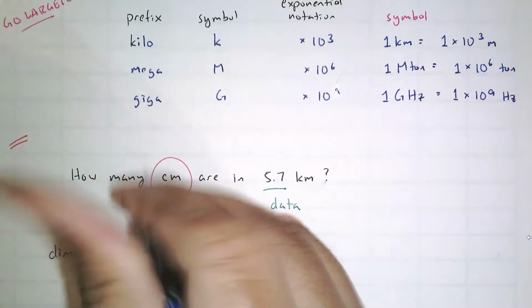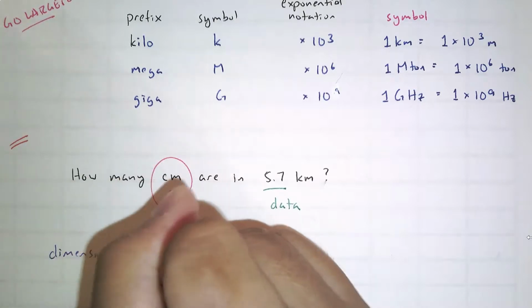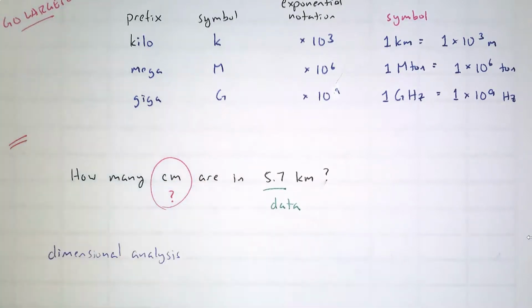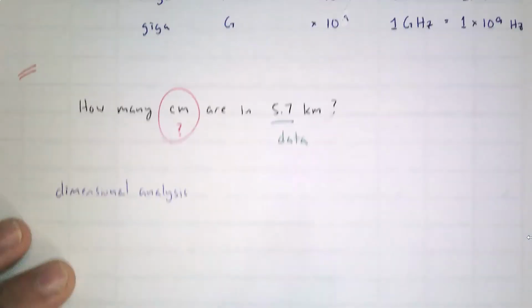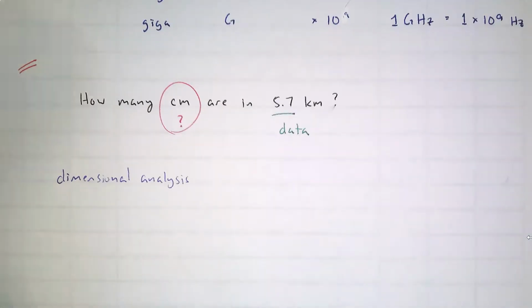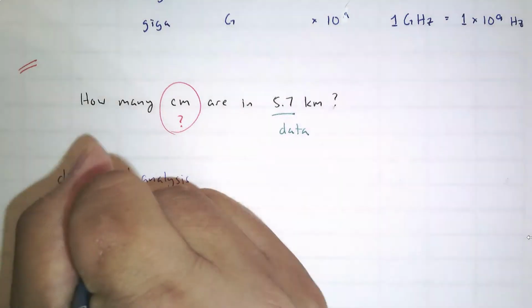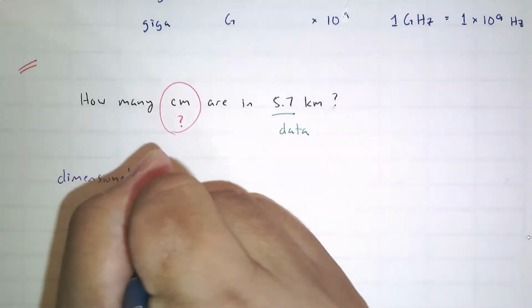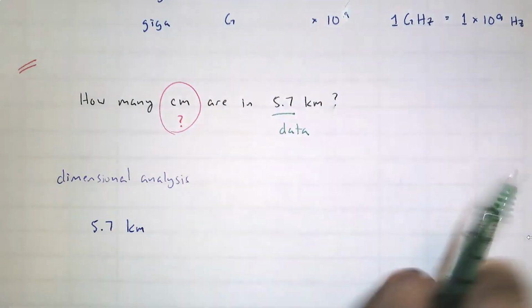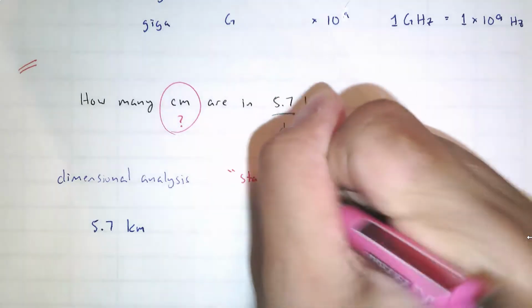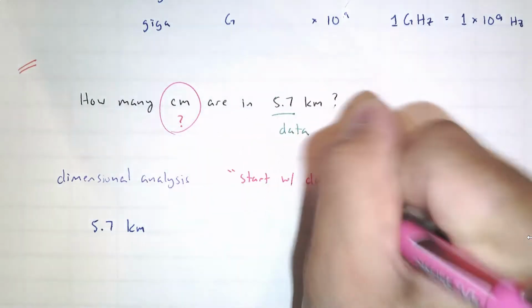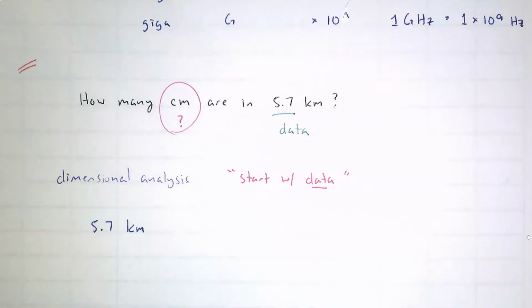Some people call this picket fences because they use a fence-like structure when they do this type of calculation. I'll do it using picket fences. Start with data though. 5.7, always have units. So that's the tip or the trick: start with data. Don't start with a conversion.